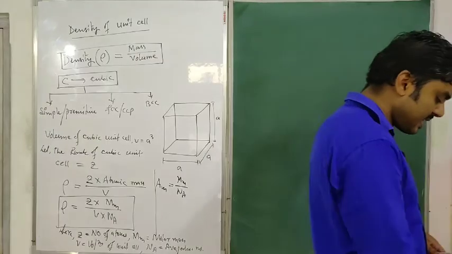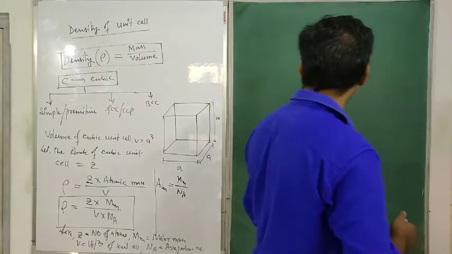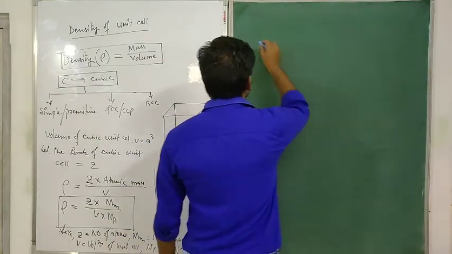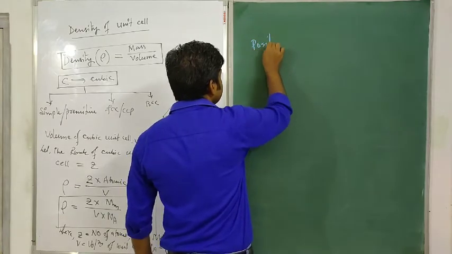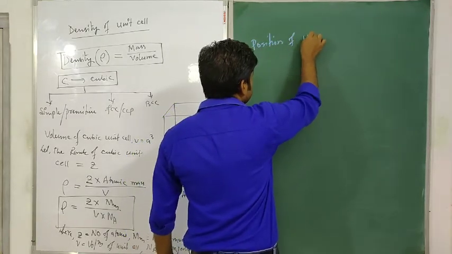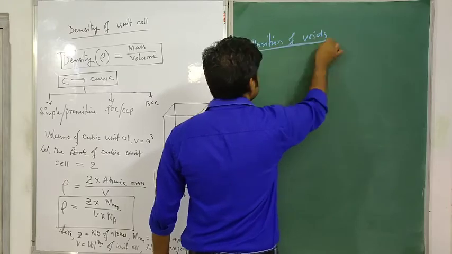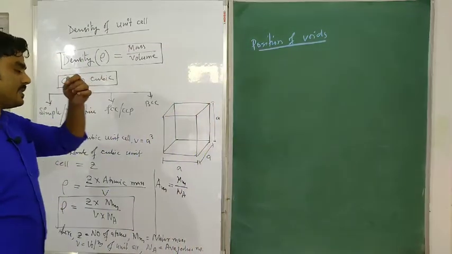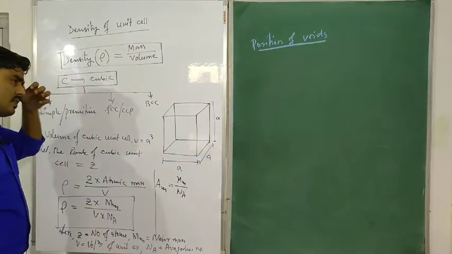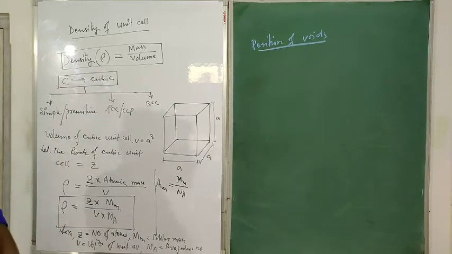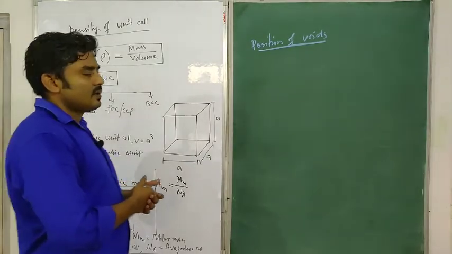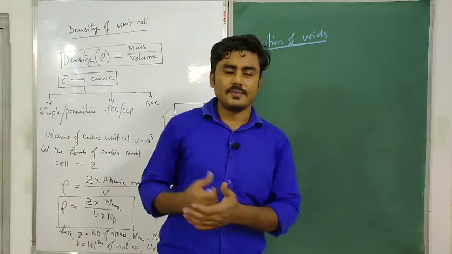So now I put the next heading, that is the position of voids. Position of voids. Okay. Here you have seen that in three-dimensional packing we have to see tetrahedral voids and octahedral voids.